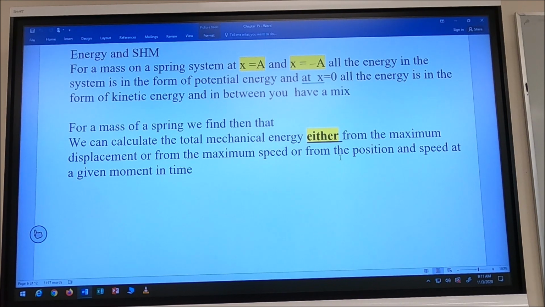So for a spring mass system, when we look at calculating total mechanical energy, there are 3 ways that we can do it.